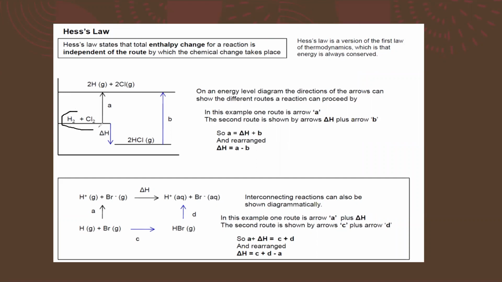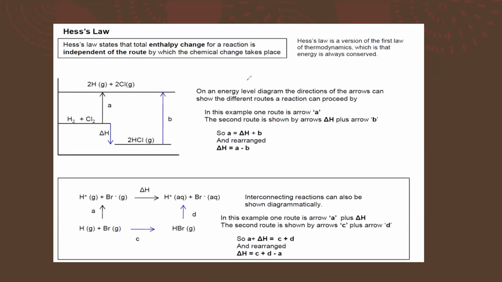Here the reactants are there and you have the product. First, you have hydrogen and chlorine. You supply energy to hydrogen and chlorine, so they atomize. If the arrows are pointing up, that means it's endothermic.